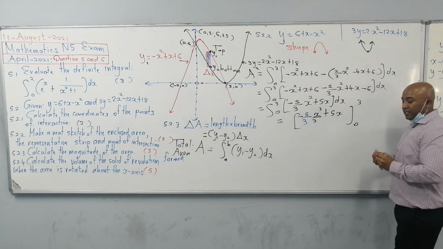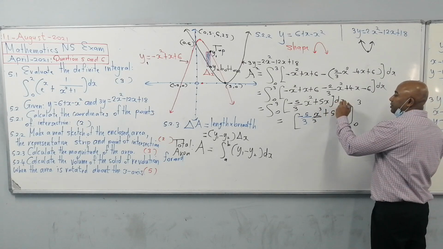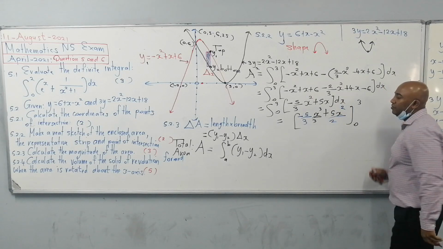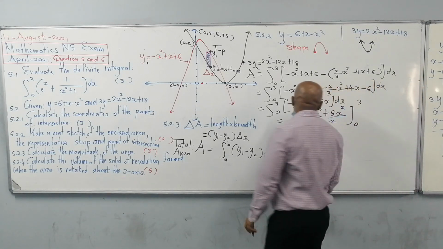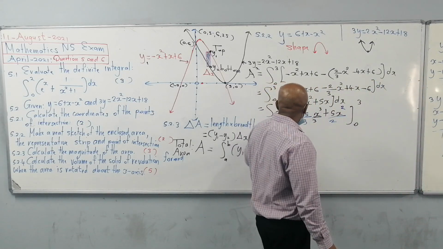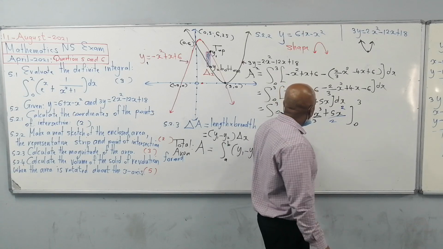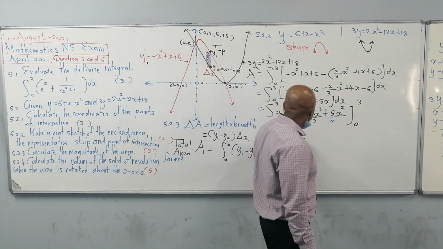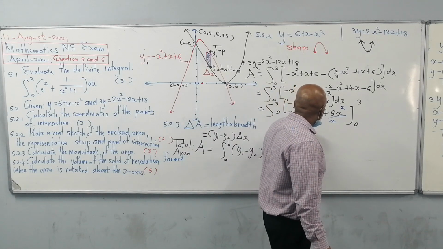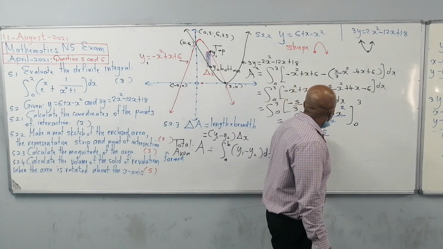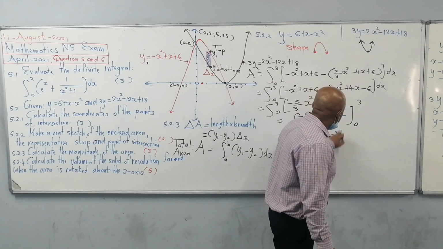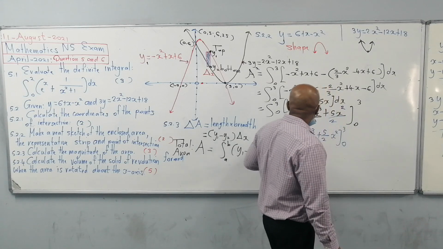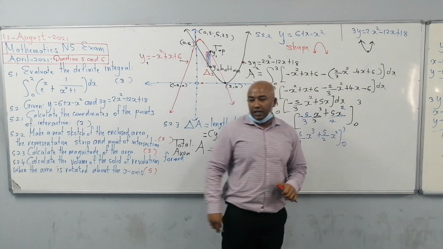When I integrate x, it's going to be 1 plus 1, which is 2, over 2. So this becomes minus 5 over my 3 times 3, which is 9, x cubed plus 5 over 2 x squared, from 0 to 3. You got an answer for me then?